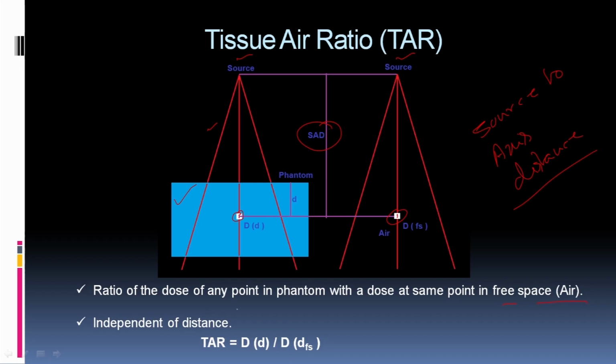This is the ratio of dose at any point in phantom to the dose at the same point in free space. As we keep the measurement distance the same, this parameter is independent of SSD, or independent of distance. So TAR is the dose D at depth d divided by the dose DFS in free space at the same point.